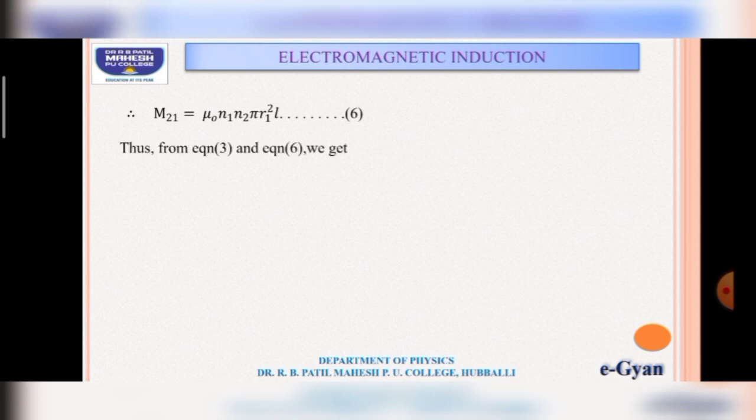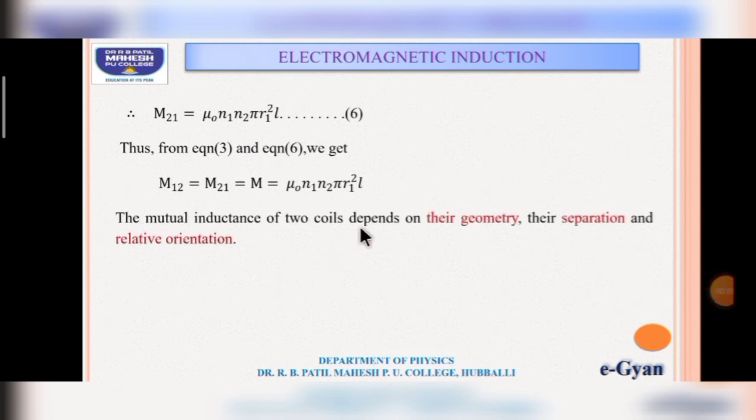Thus, from equation number 3 and 6, both are representing the same quantities. Therefore, we can show that M12 is equal to M21, that is equal to M, that is equal to mu naught N1 N2 pi R1 square into L.